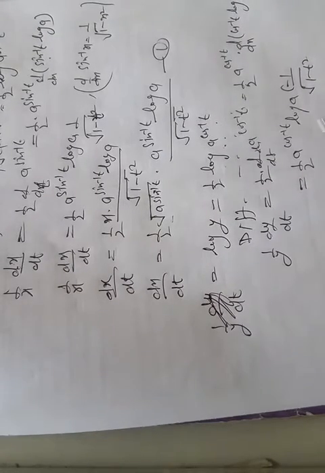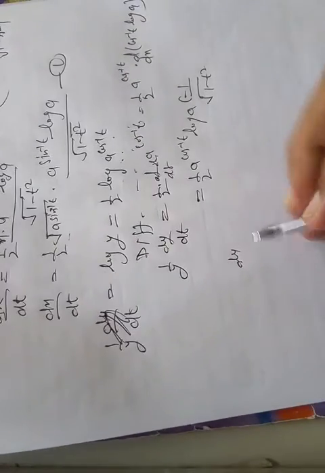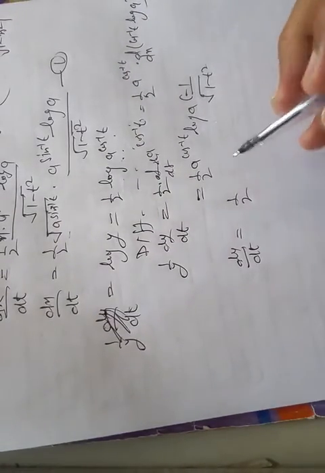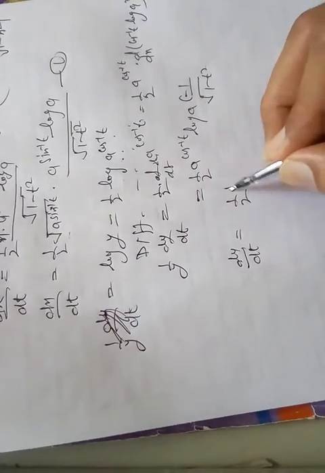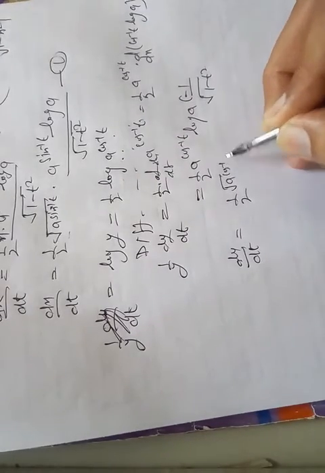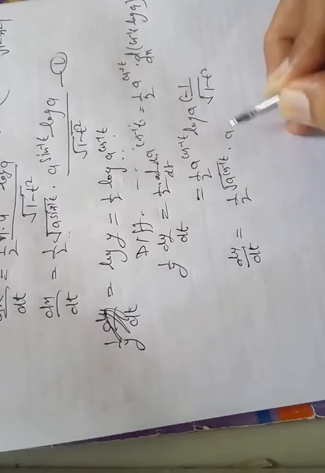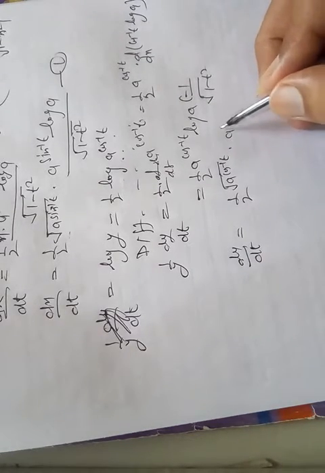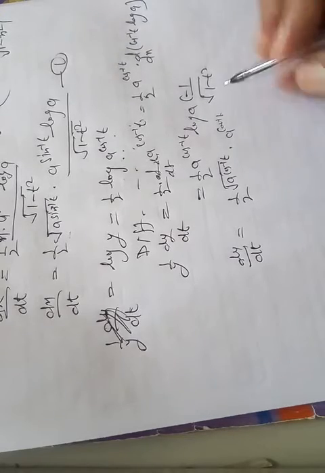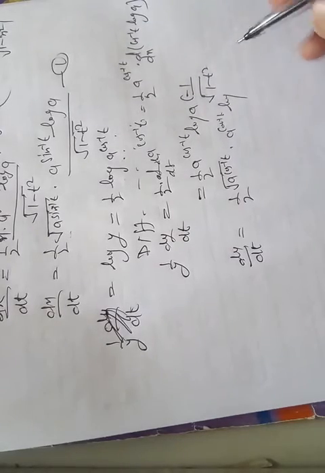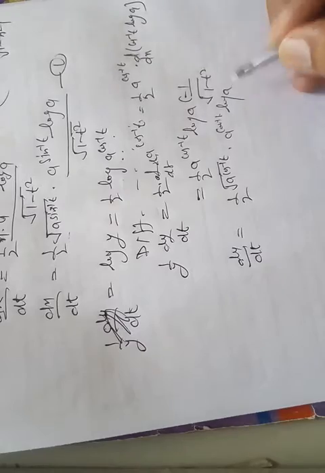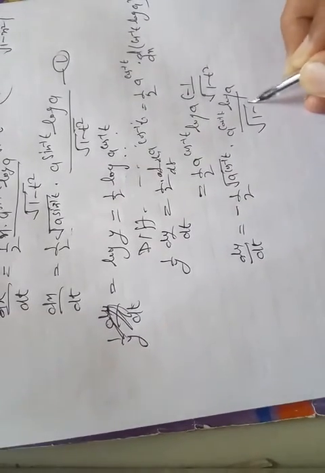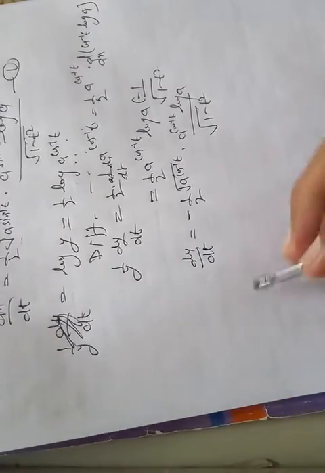Putting y, dy/dt equals 1/2 y, where y equals under root a raised to cos inverse t, into a raised to cos inverse t log a and minus 1 upon under root 1 minus t square.